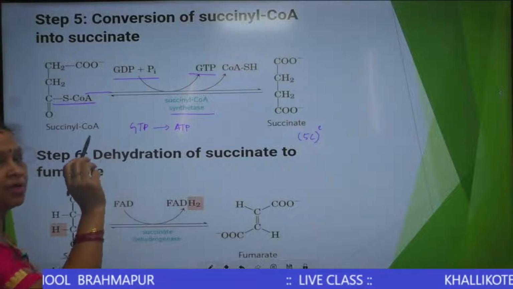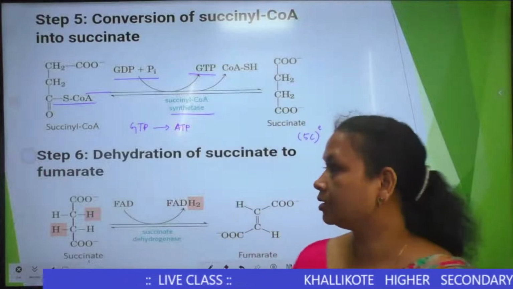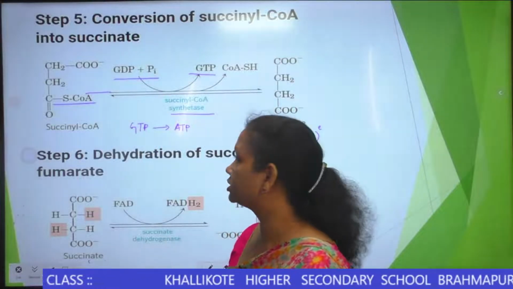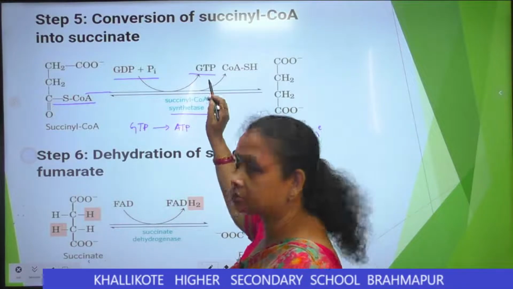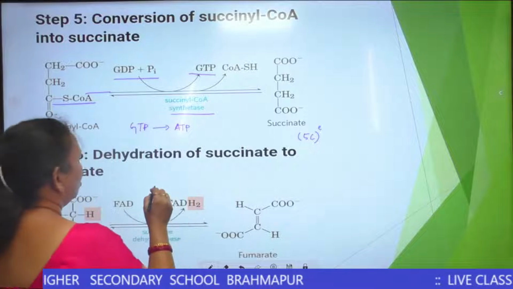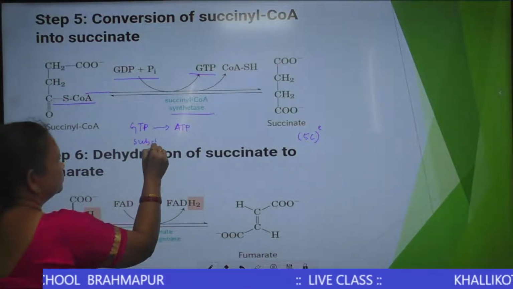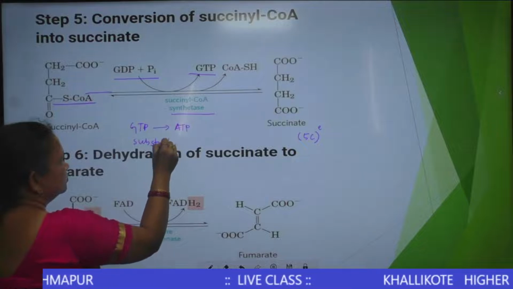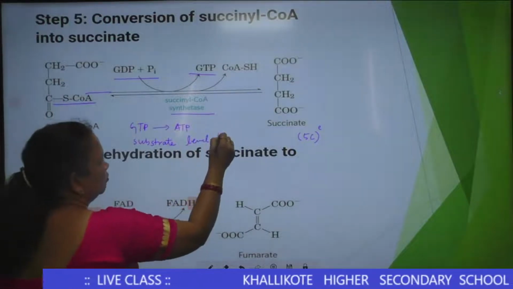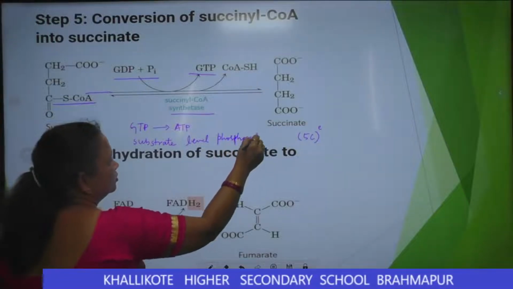So, GDP plus inorganic phosphate, with the energy available from the breakdown of succinyl coenzyme A and the formation of the GTP molecule, is a type of reaction called substrate level phosphorylation.